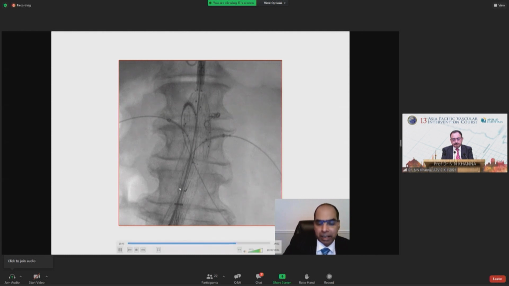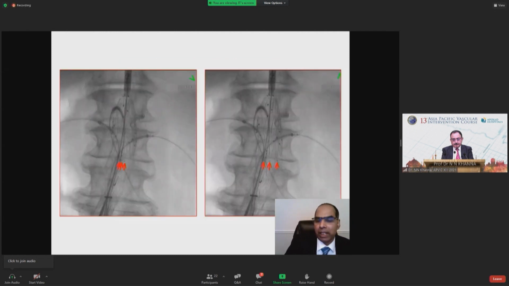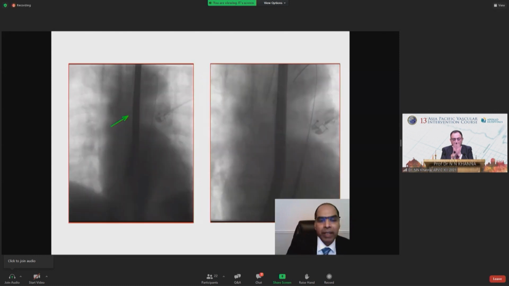At this stage, the next step would be to remove the diameter reducing wires of the device, which will result in unconstraining of the device, and the markers, you can see them, they have separated compared to when the diameter was constrained.